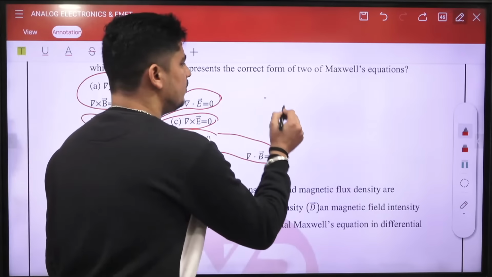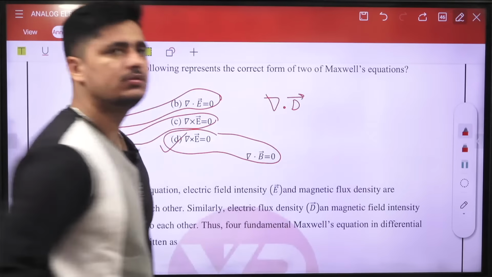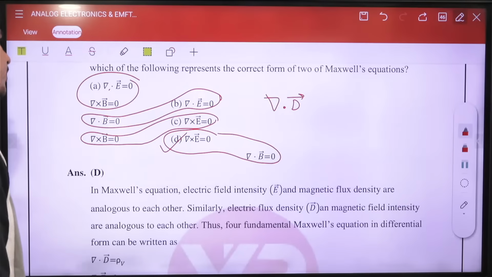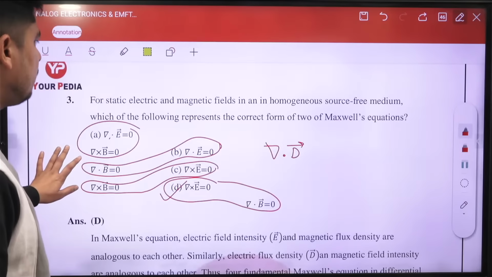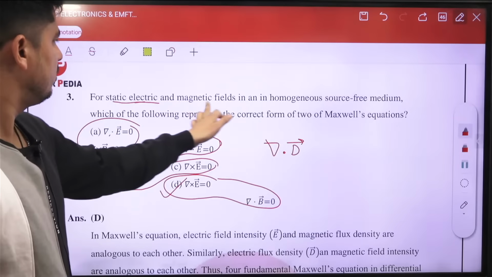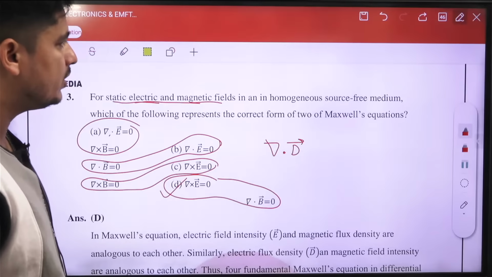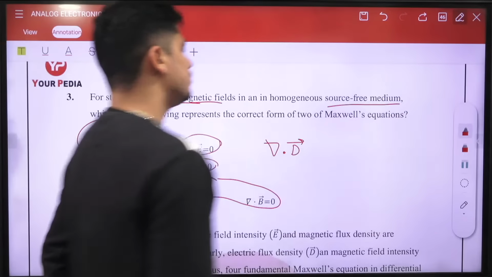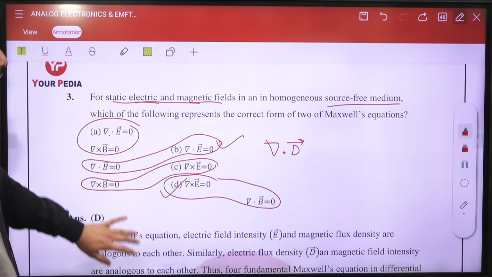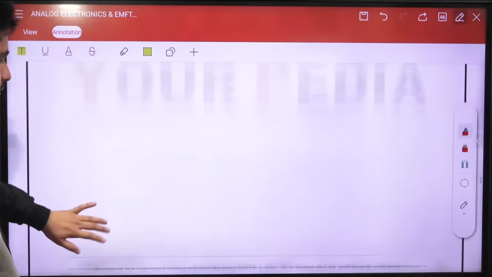Del dot D is how much? Okay, source free medium. He's talking about source free medium. Yeah, that is also correct if it is a source free medium. If it is not source free, then only D1 is correct.